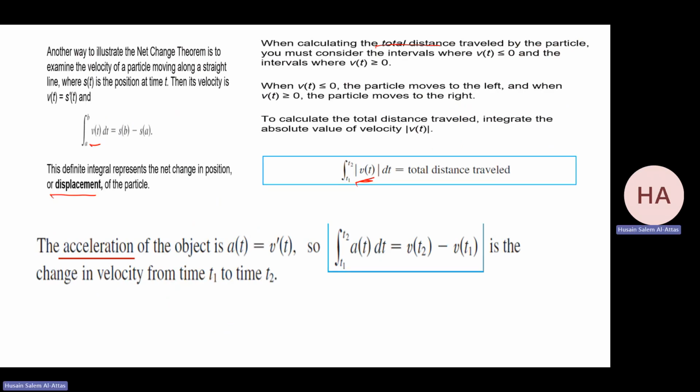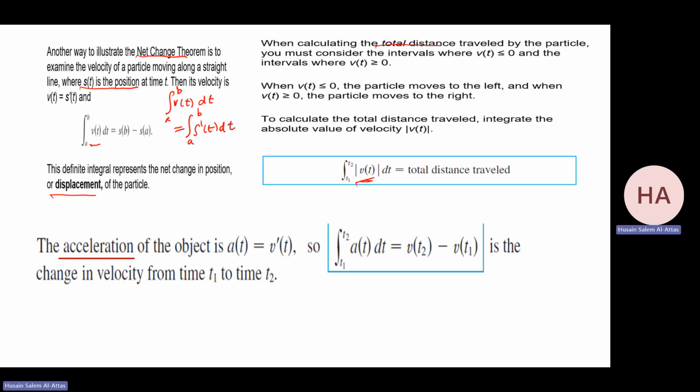Now, another way to illustrate it is the velocity. If I have the position function S, our velocity is S prime at T. So you want to find the integral of the velocity, which is the integral of S prime.